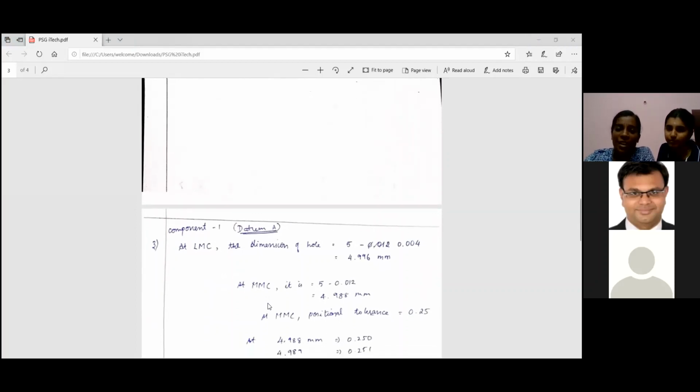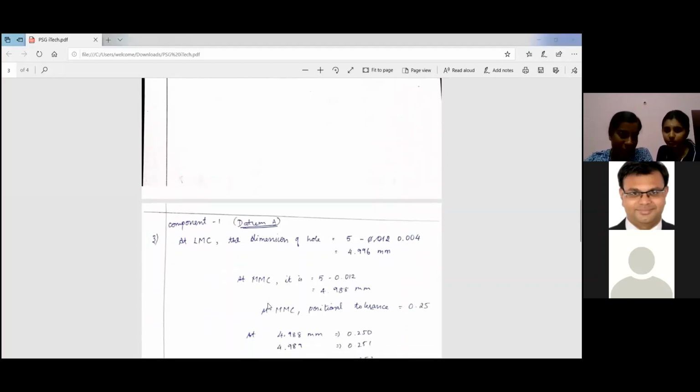Sir, as far as the third question was concerned, they have given that in the datum there is a drill of size M5, and we learned that any drill bit above the size of M1.6 has the tolerance value of G6.